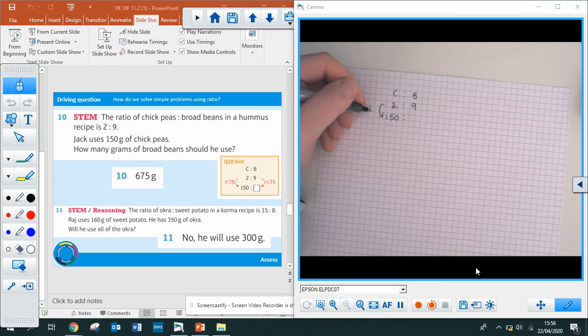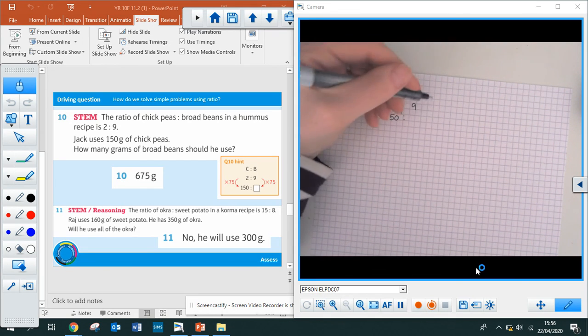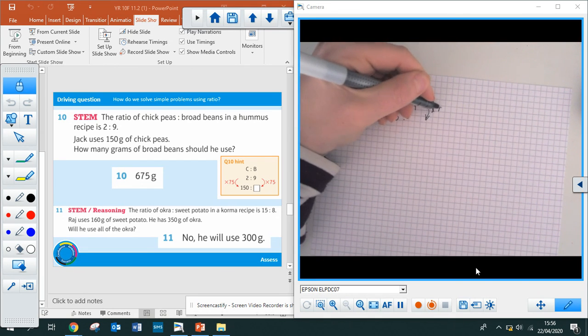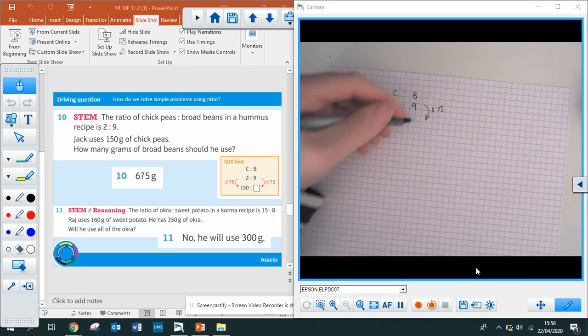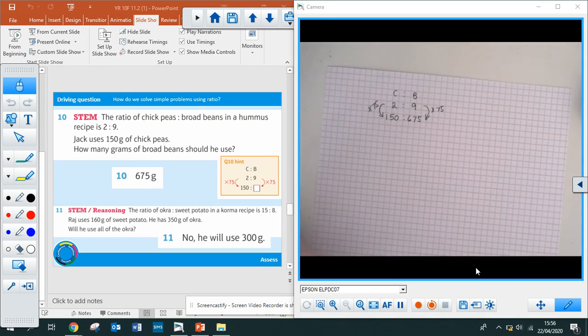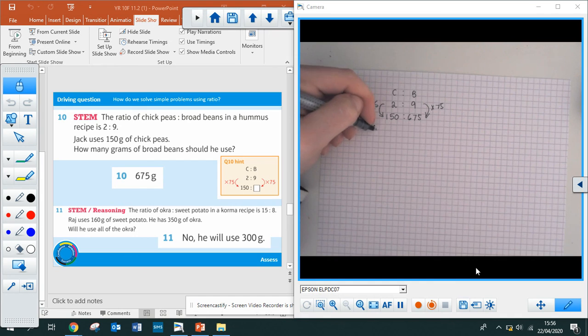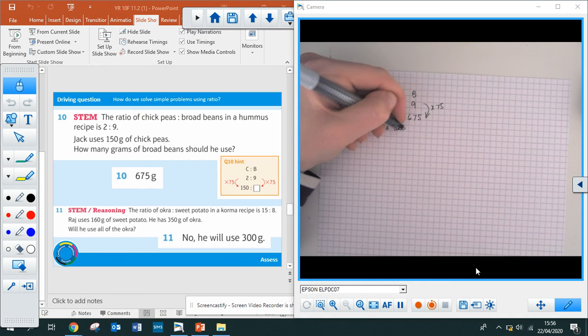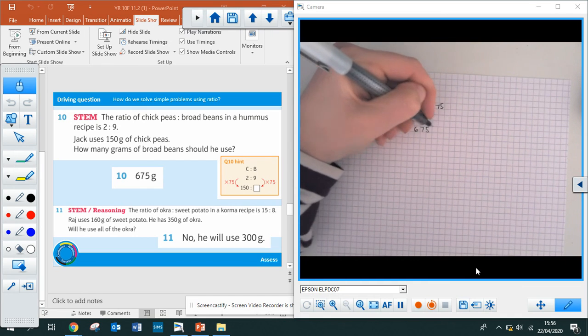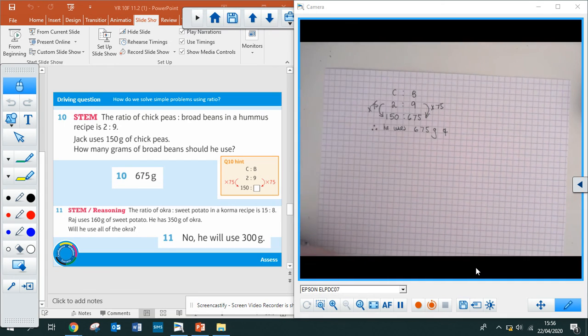He times by 75. So you therefore needed to times 9 by 75, and that would get you to 675. Therefore, he uses 675 grams of the broad beans.